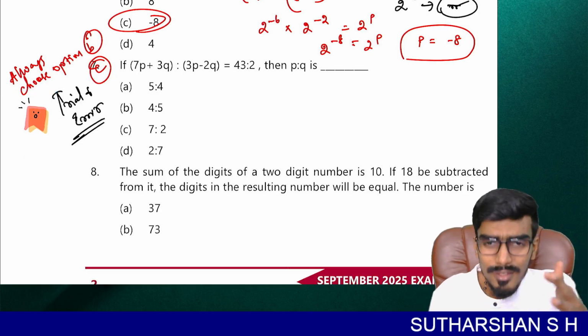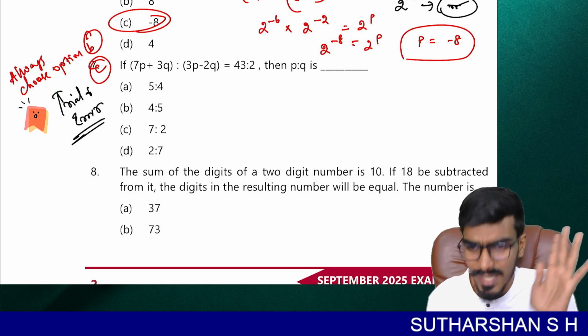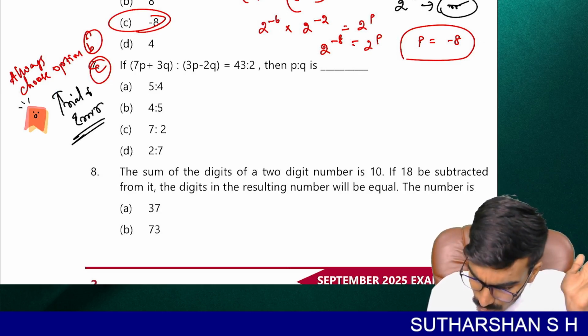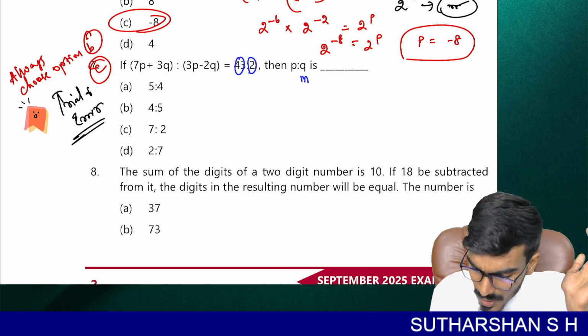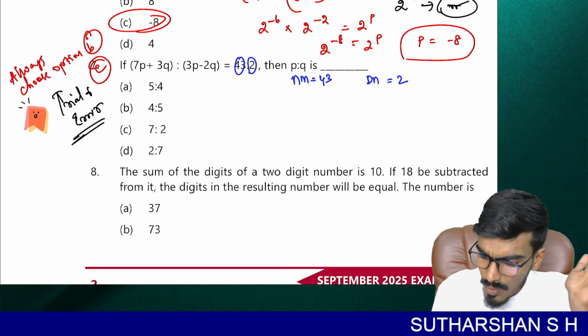Now come to this. You will just do it in a calculator and check the answer. This is your numerator value, and this is your denominator value. My numerator should be 43, and my denominator should be 2.